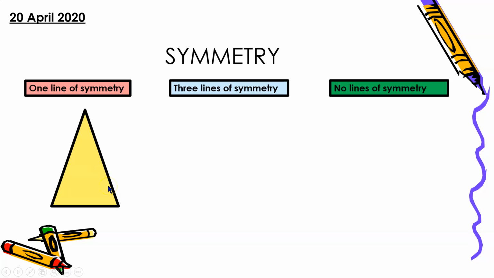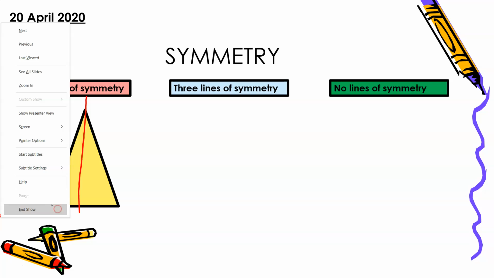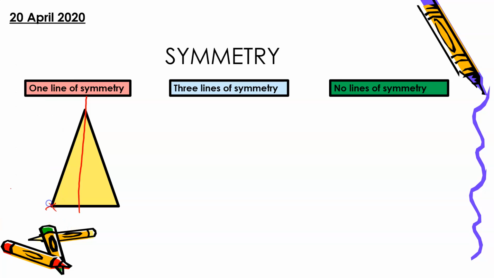So this triangle here has only one line of symmetry. If I draw a straight line through the middle, it creates a mirror line that is the same on both sides. I could fold that in half on the mirror line and it would match up at every point. These points here are the same distance from the mirror line.